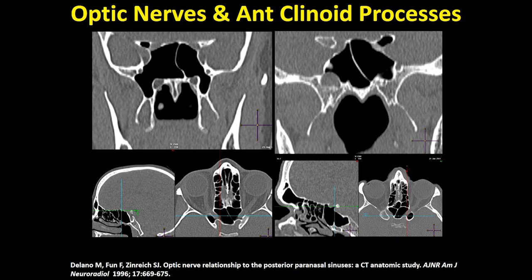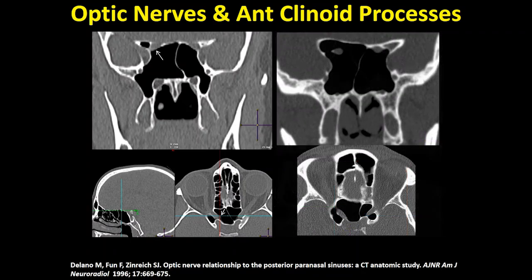It should be noted that if there is significant pneumatization of the anterior clinoid process, then you could have what is a dehiscent optic nerve, like seen here or better seen here as well.